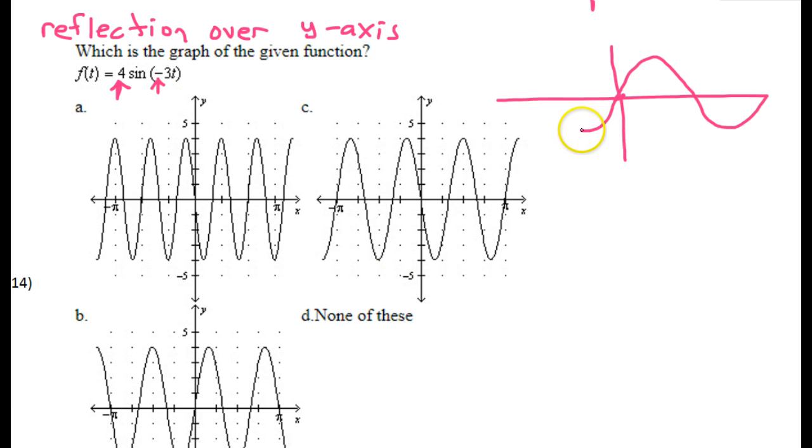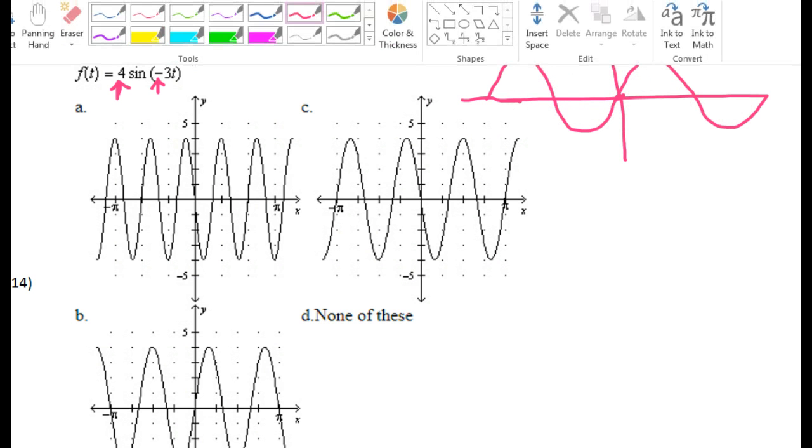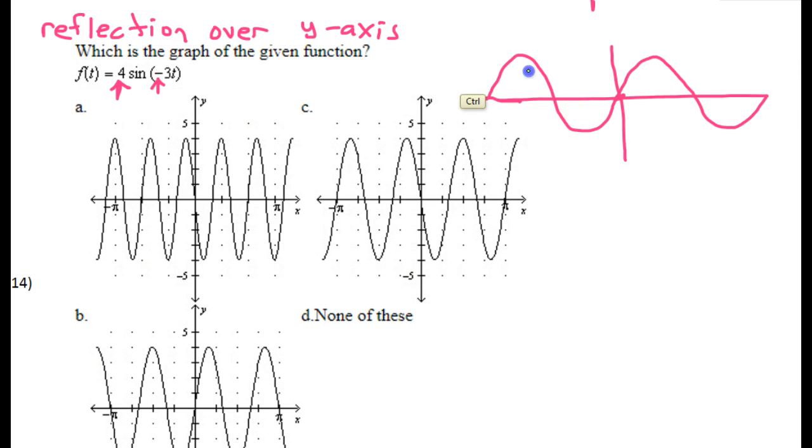So on the left side it would go down and up like this. If I just turn it around backwards, that means that instead of going up and then down, it will actually go down and then up.